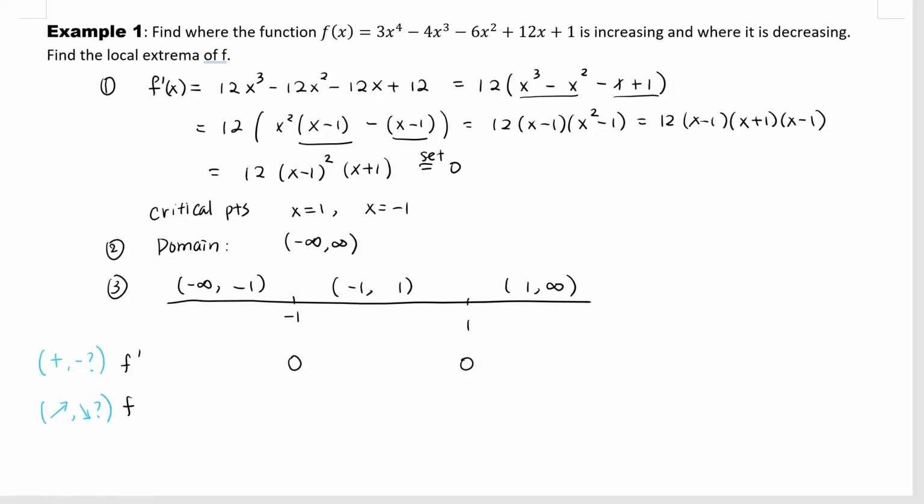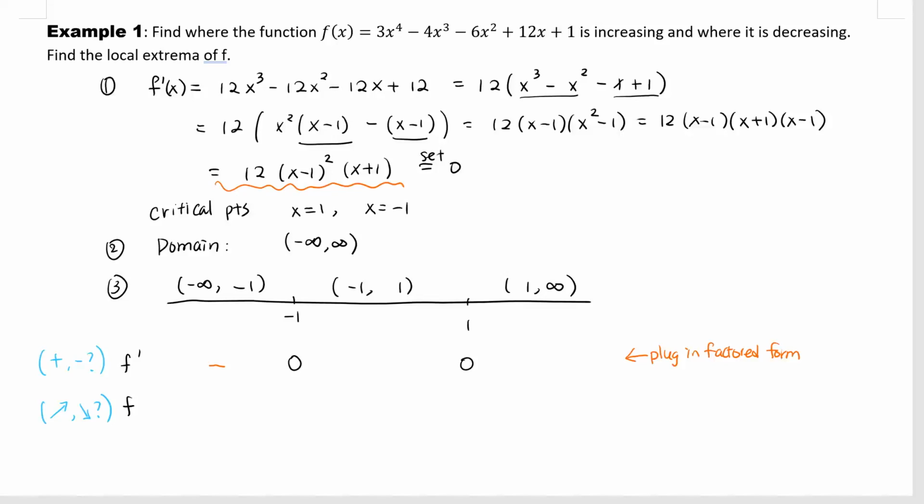So we plug in minus 2. 12 is positive. Minus 2 minus 1 is minus 3, but squared, it becomes positive. Minus 2 plus 1 is negative 1, so it's negative. So this is negative.